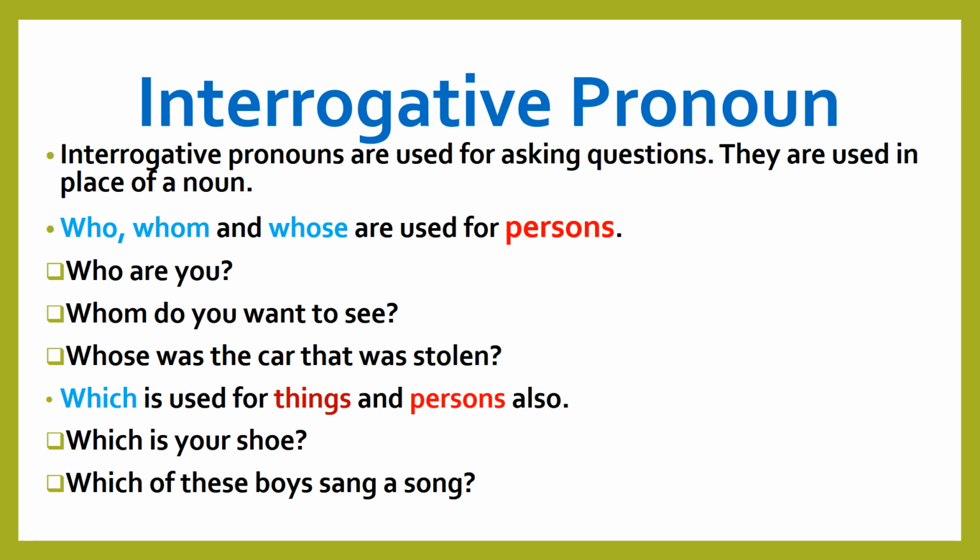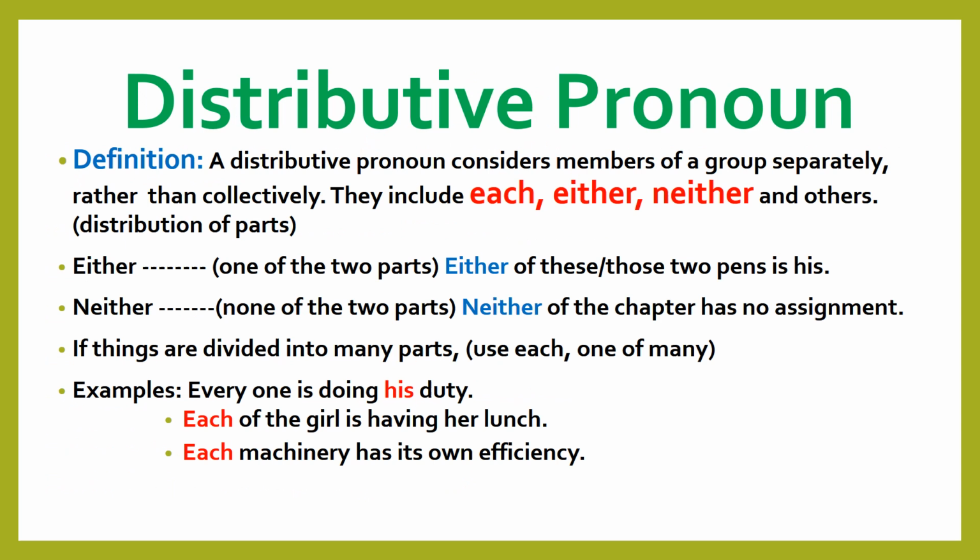And the second example, "Which of these boys sang a song?" So here you also are talking about a person. So which, who, whom, and whose are the interrogative pronouns.